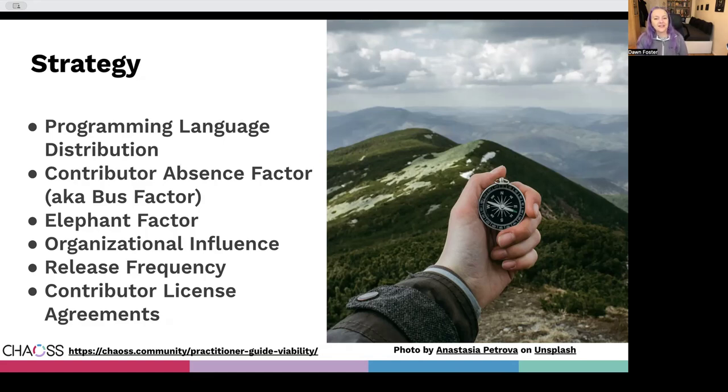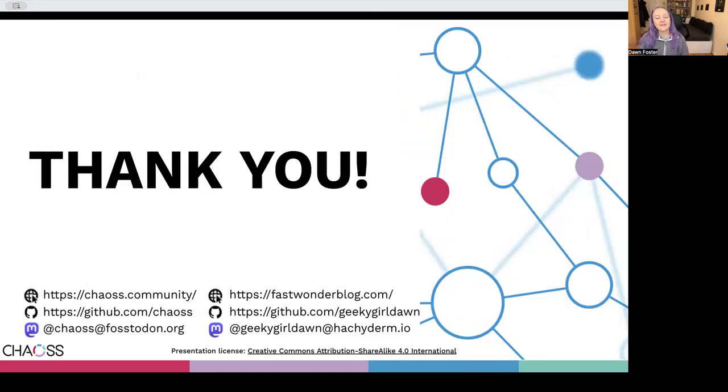You should also look at whether the project requires a contributor license agreement or a CLA signature before contributing, because this can decrease viability, since the CLA often gives the controlling organization the ability to relicense that project or perform other rug pulls.